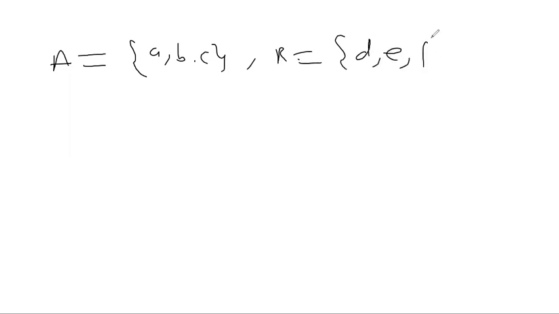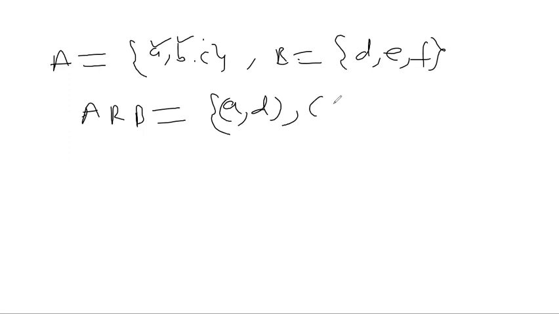Say there is a set A equal to {a, b, c}, and there is a set B equal to {d, e, f}. Then if there is a relation, let us not define the relation by anything. A is related to B. Then what can be the sets? One thing you have to remember is that the first element will be from A only. Like if I am writing (a, d), (a, e), (a, f).